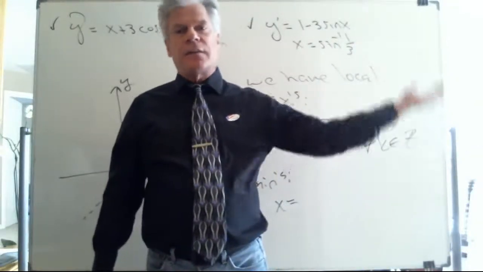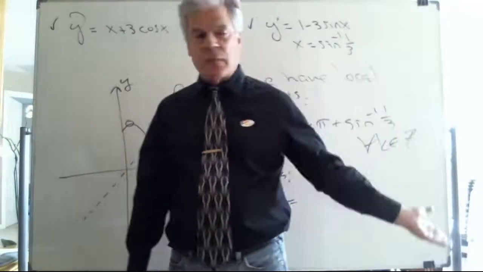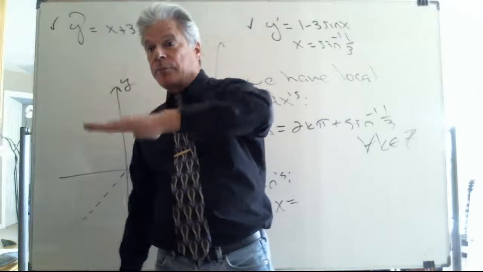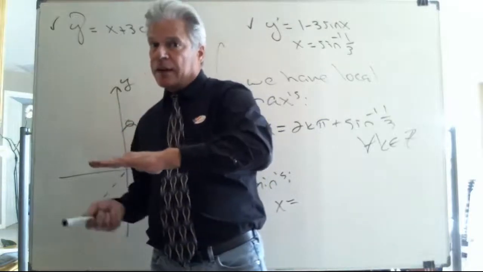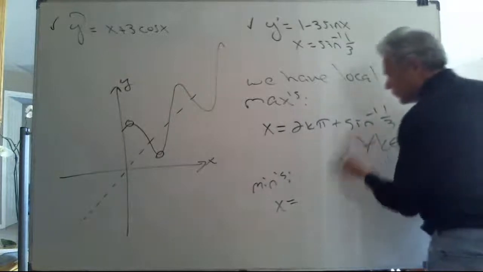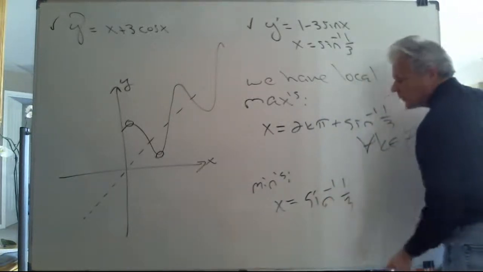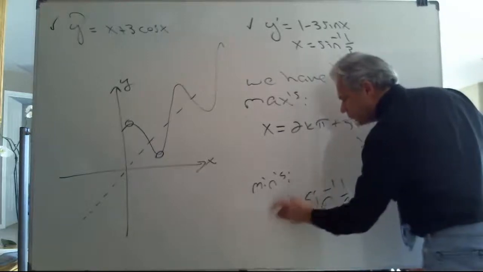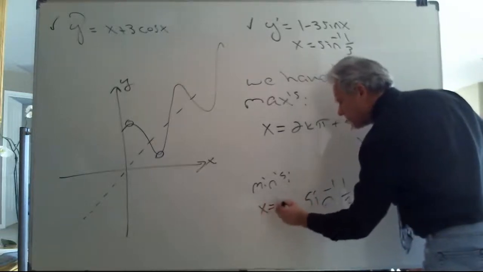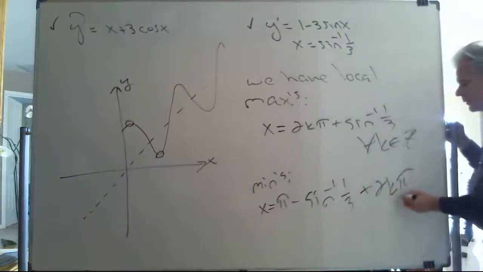So the angle in the second quadrant whose reference angle has a sine of 1/3 is simply going to be this one right here, the inverse sine of 1/3 taken away from pi. And then I'll add on all integral multiples of pi.